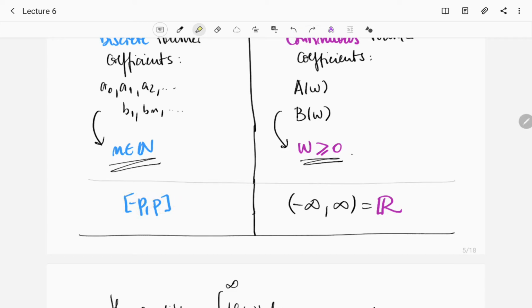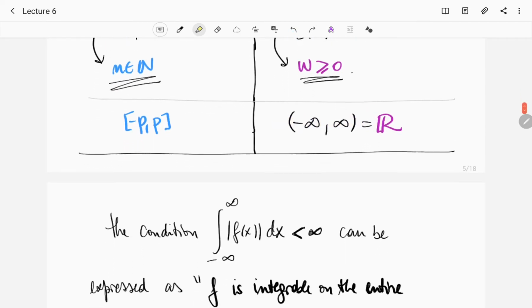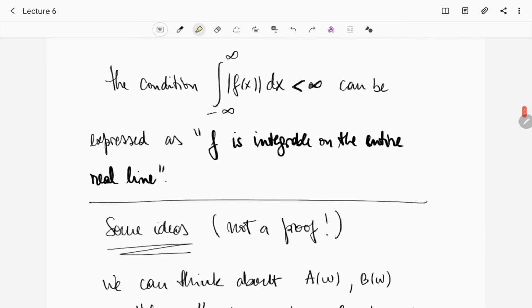And in this case, we have a function f defined on all of R. Okay, so this condition that you don't have to check in each exercise can be expressed as f is integrable on the entire real line. Okay.